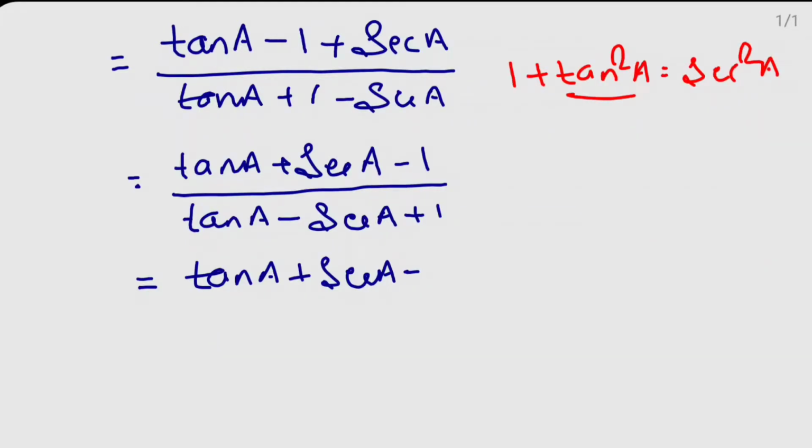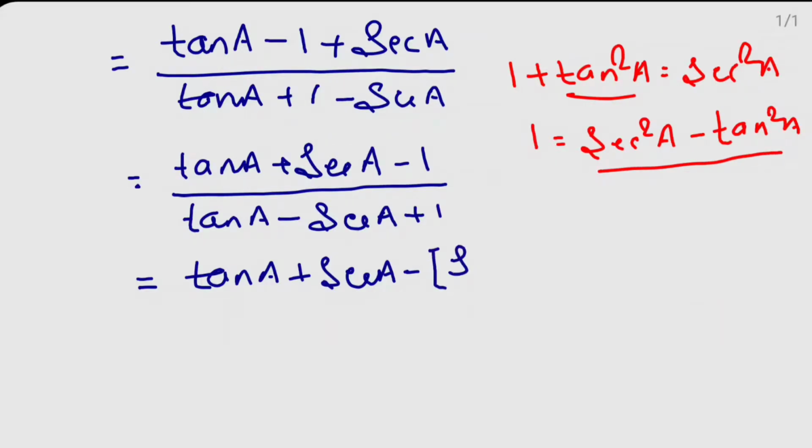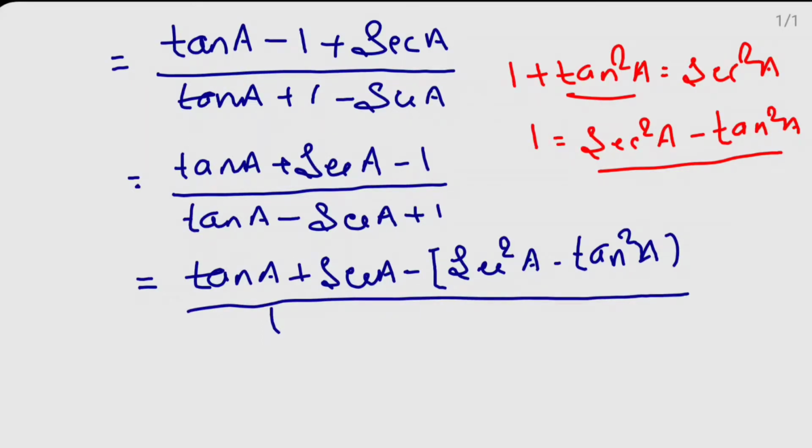This tan square a comes to the RHS side, it becomes minus, so 1 equals sec square a minus tan square a. So this one we will use here in a bracket, sec square a minus tan square a, and this divided by tan a minus sec a plus 1 as it is.